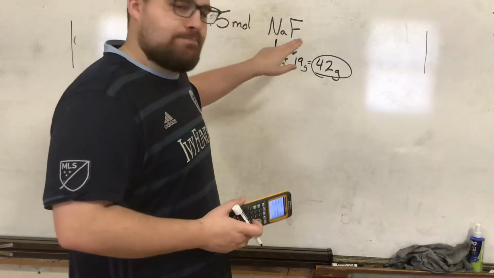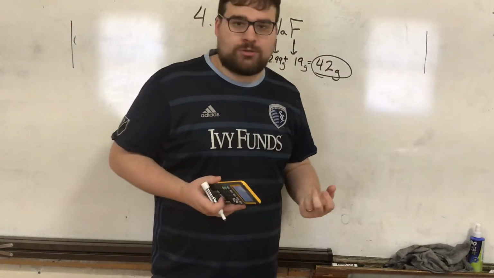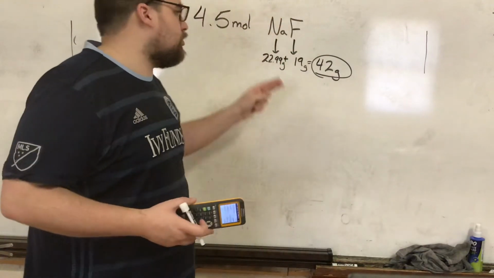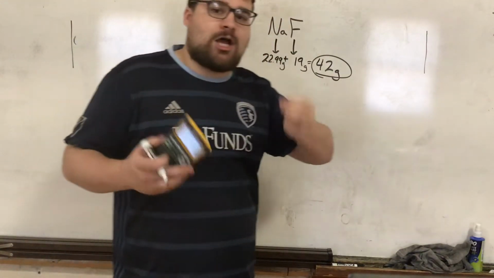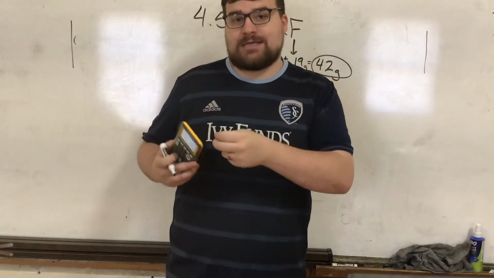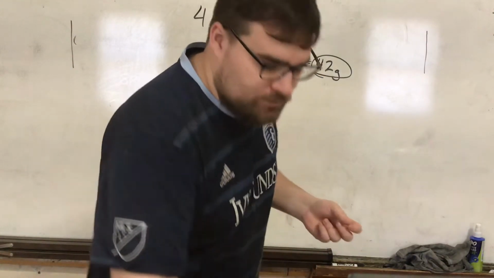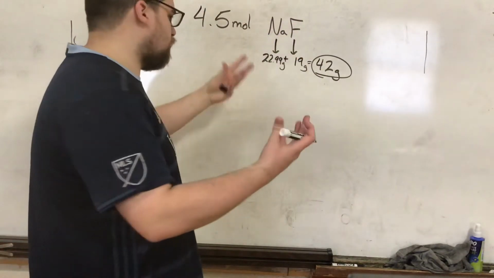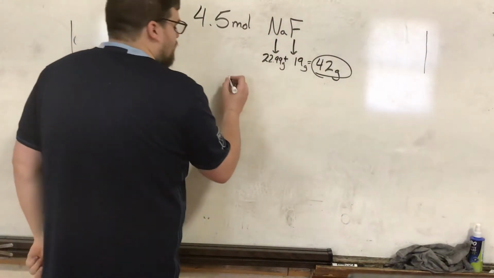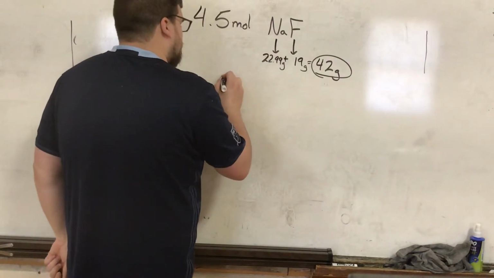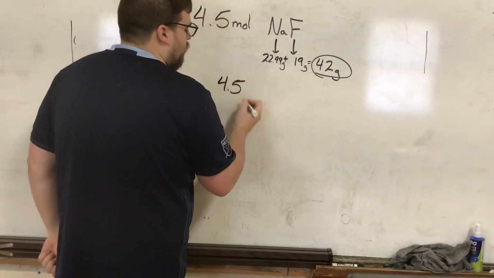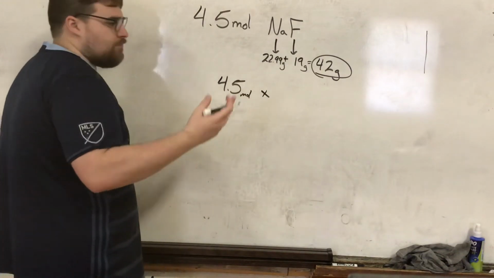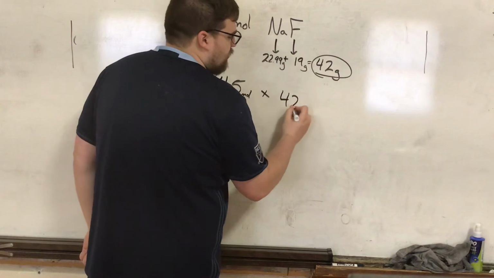If one of these had multiple parts, for example, there were 3 sodiums and 2 fluorines, then we would add its mass for each of the atoms that it has in the molecule. But in this situation, there's only one of each, so we're good. So again, just like the calculations yesterday, we take the number of moles we have, 4.5, times the amount of grams per mole, which we just calculated to be 42.